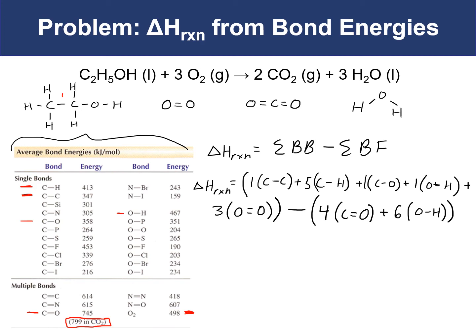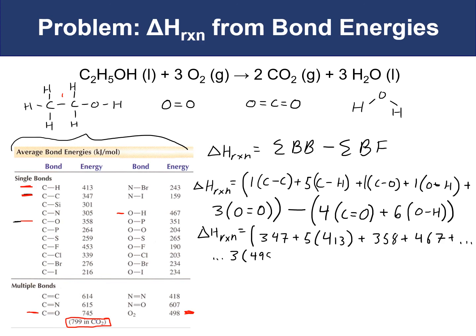Okay, so plugging all these values in, that would be 1 times carbon-carbon single bond, so that's 347, plus 5 times our value for a carbon-hydrogen bond, 413, plus 1 times our carbon-oxygen bond, which is 358, plus 1 times our oxygen-hydrogen bond, which is 467, plus 3 times our oxygen double bond, 498.